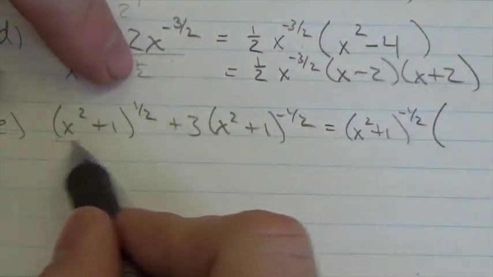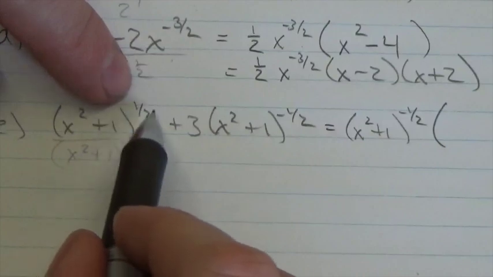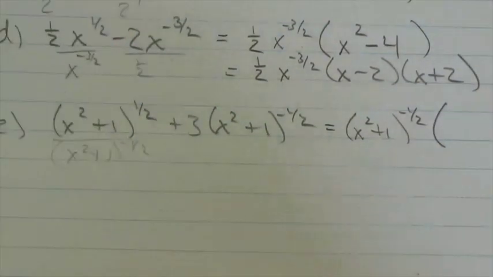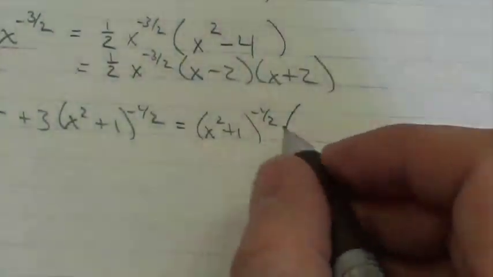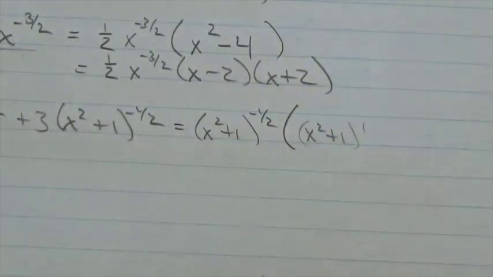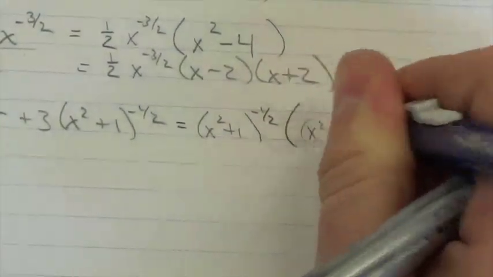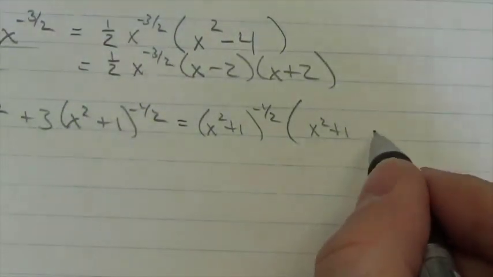So when I divide this by (x squared plus 1) to the negative 1/2, it's going to be 1/2 minus negative 1/2 when I do the division. That leaves me with (x squared plus 1) to the 1. But I wouldn't write it like that, because if it's to the 1, then I don't really need those parentheses there.